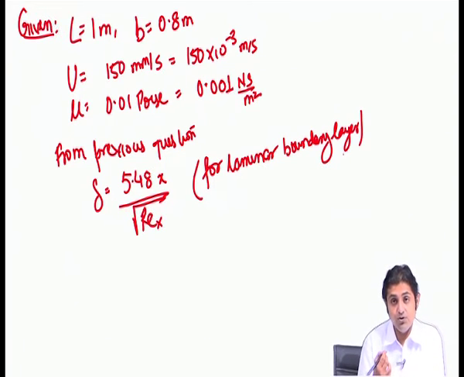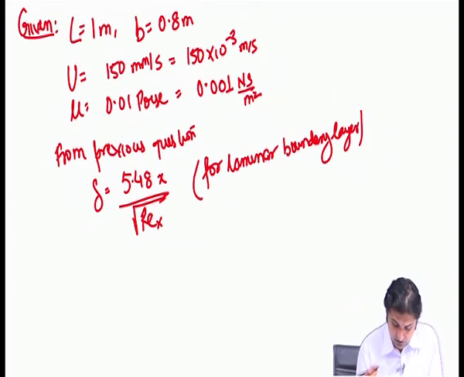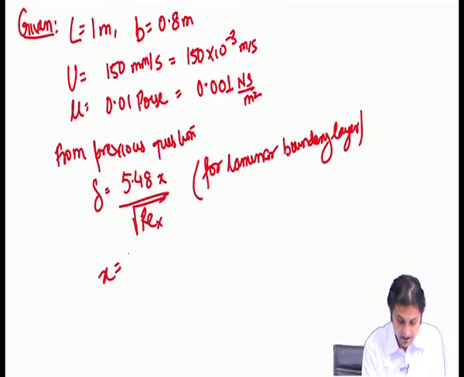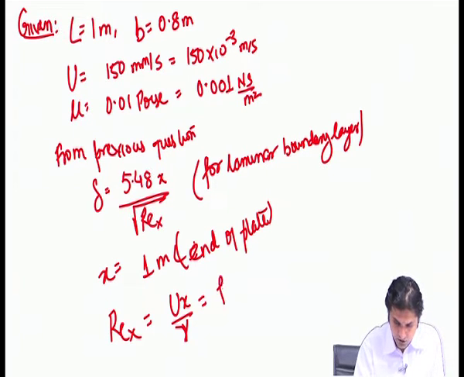Because we have used tau is equal to mu du dy, that is for the laminar boundary layer. At end of the plate, x is equal to 1 meter. End of plate. So Reynolds number at this position will be Ux by nu, right, or rho Ux by mu.